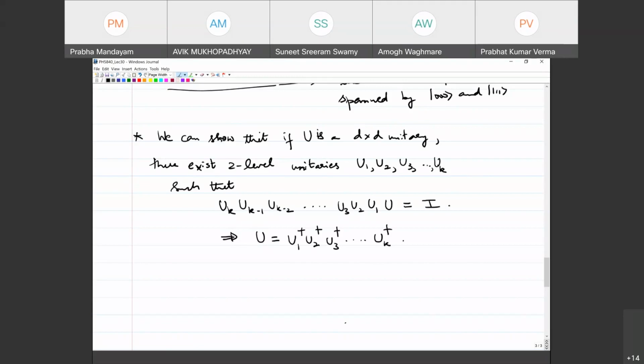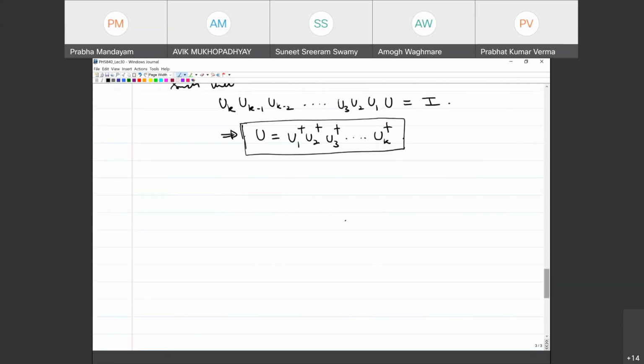Basically there is some sequence. Note that if U is unitary, then U dagger is also unitary. I hope that statement is clear. So this is the sequence of two-level unitaries by which you can realize U. In a circuit implementation, this translates to a set of single qubit gates and CNOTs.